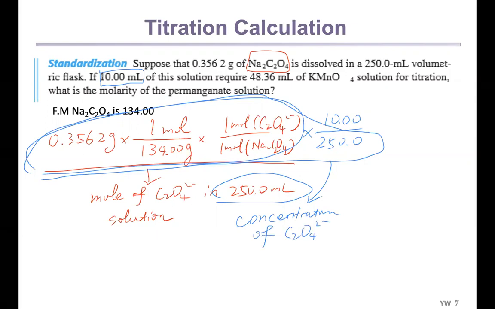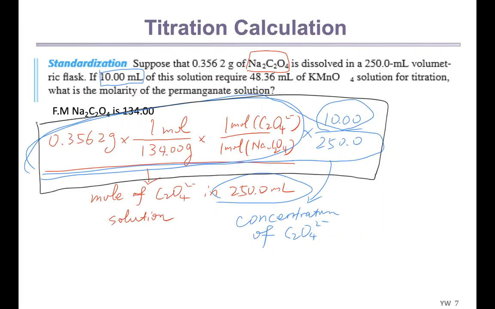And then you multiply this concentration by 10 milliliter to get the moles of oxalate in this 10 milliliter solution, right? Does that make sense? But anyway, everything we did here gives us the moles of oxalate in 10 milliliter solution, right?